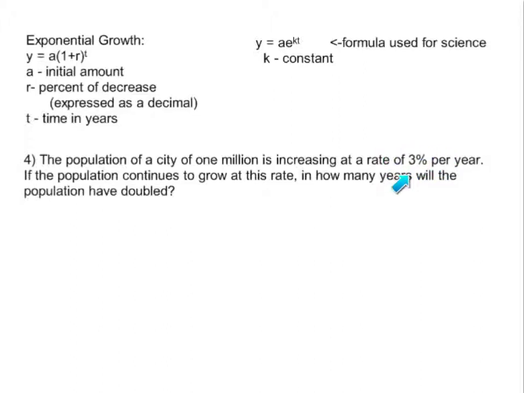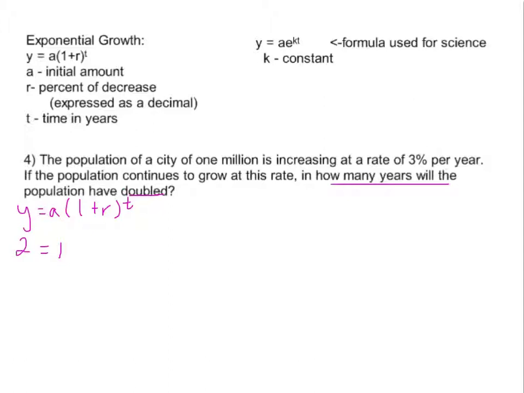Here's our rate, so we are going to be using our 1 with our rate percent. So we'll be using y equals a times 1 plus r to the t. So we know the initial amount is 1 million, and we want to know in how many years it's going to double, so the ending amount would be 2 million.